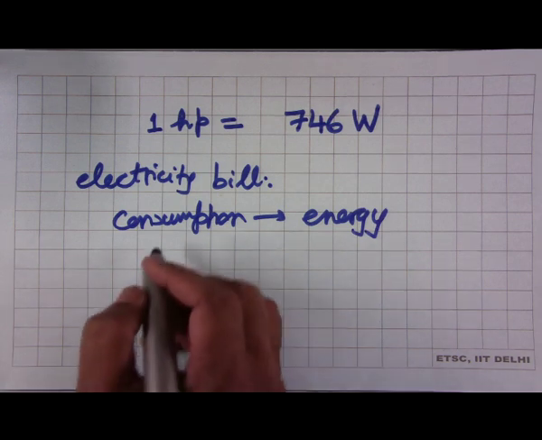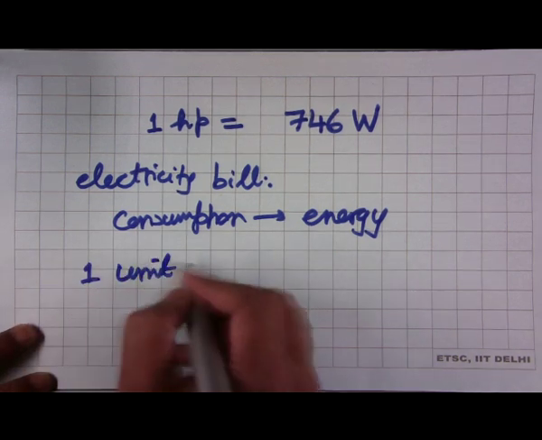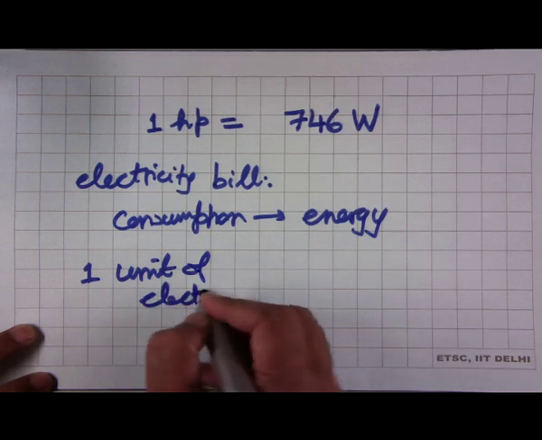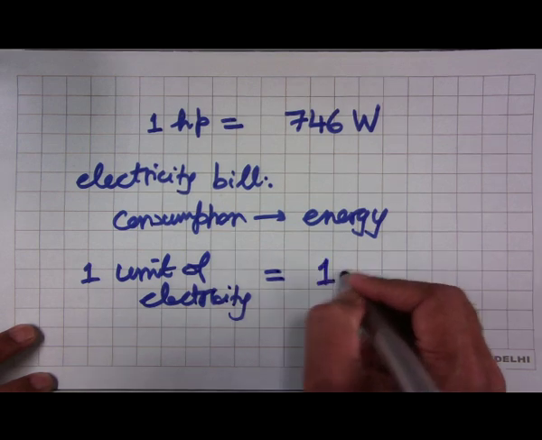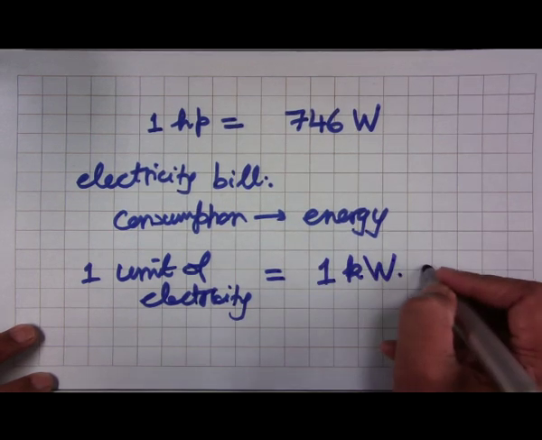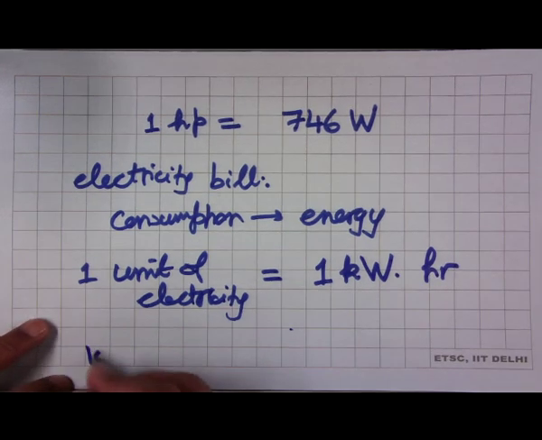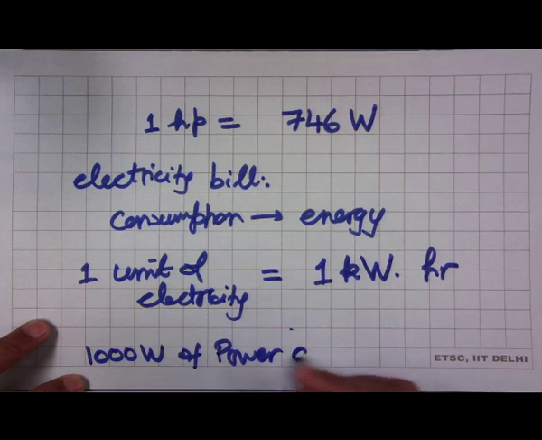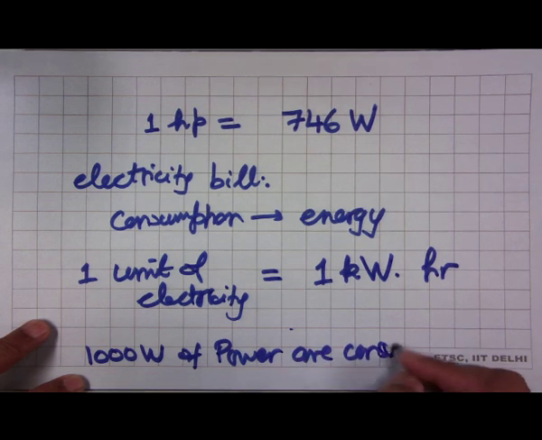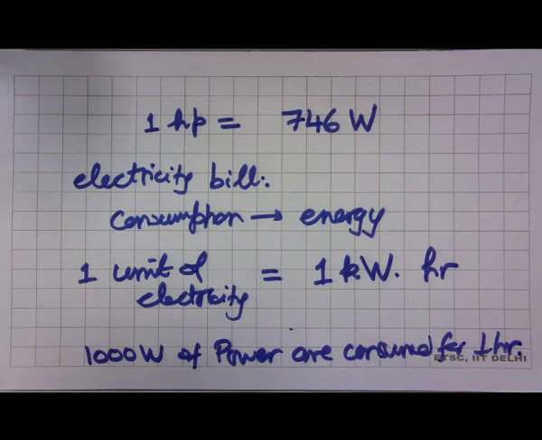So, what we call 1 unit of electricity, which is what you see when you get your bills at home, is equal to 1 kilowatt hour, which means if 1000 watts of power are consumed for 1 hour, that gives us 1 unit of electricity.